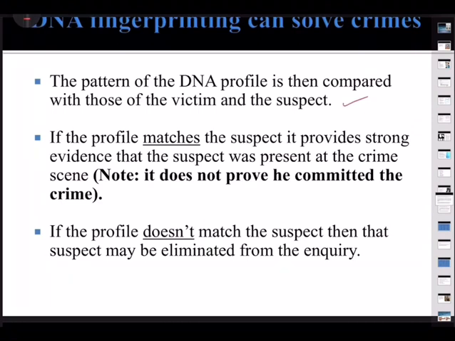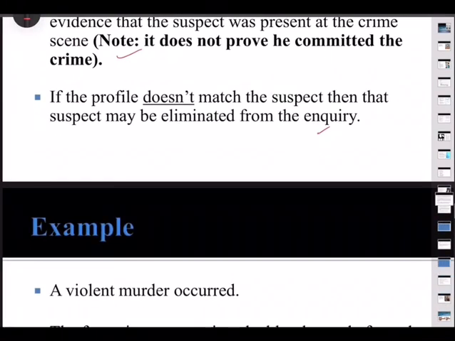If the profile matches the suspect, it provides strong evidence that the suspect was present at the crime scene. It does not prove he committed the crime, but of course he was there, so there can be some clues. If the profile doesn't match the suspect, then that suspect may be eliminated from the inquiry. So it will be of great help to police.